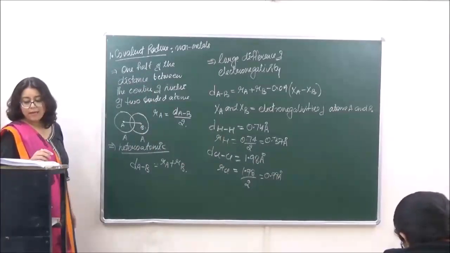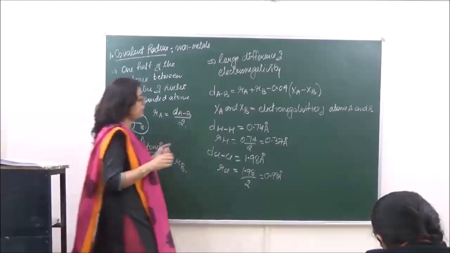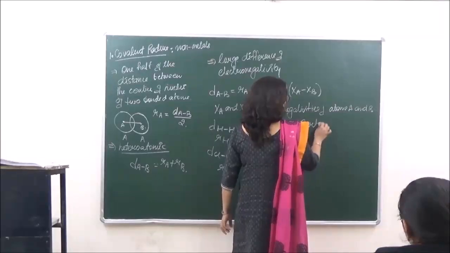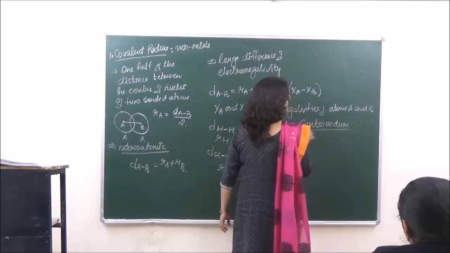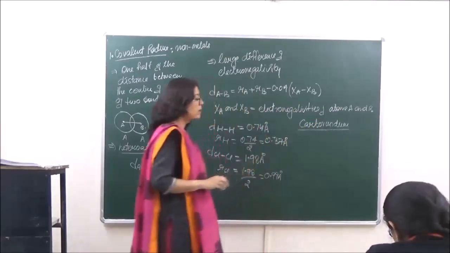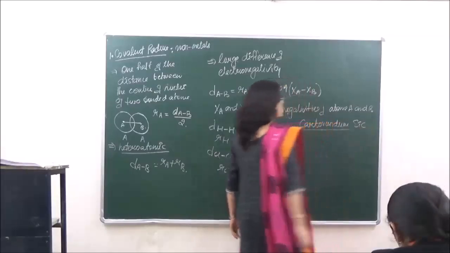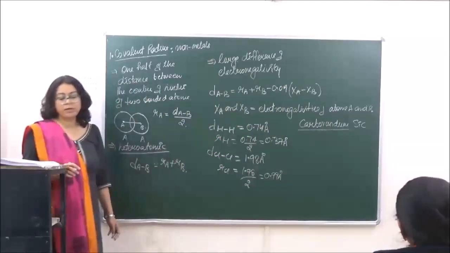Okay. Now let's take the example of a compound which is carborundum. Carborundum is basically a compound of silicon and carbon, silicon carbide. That is what carborundum is.